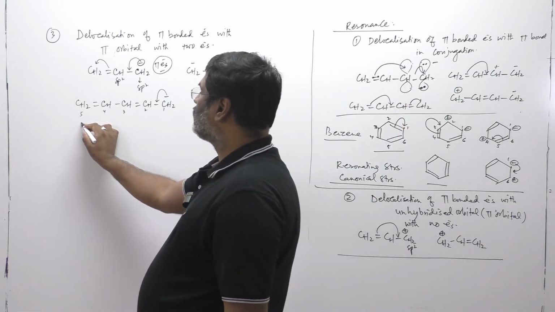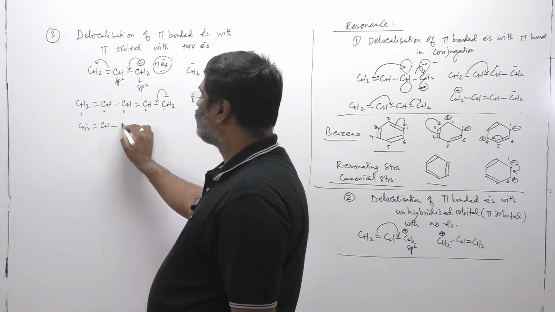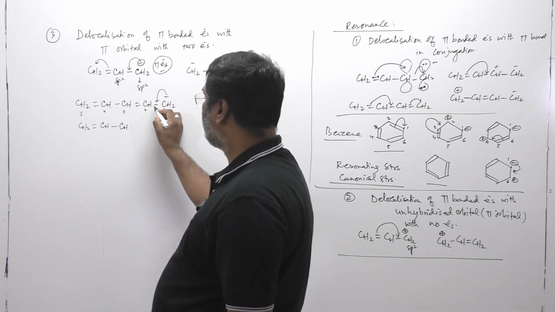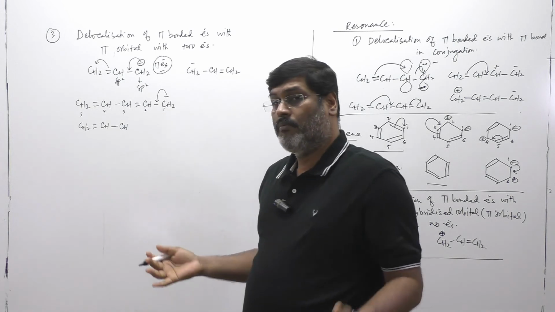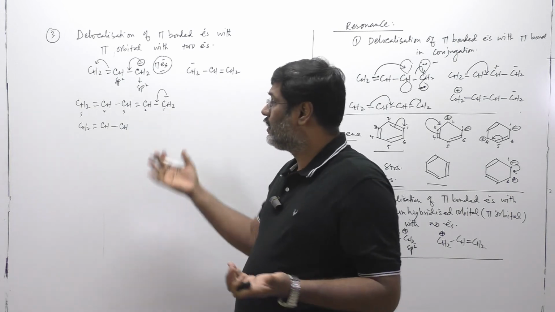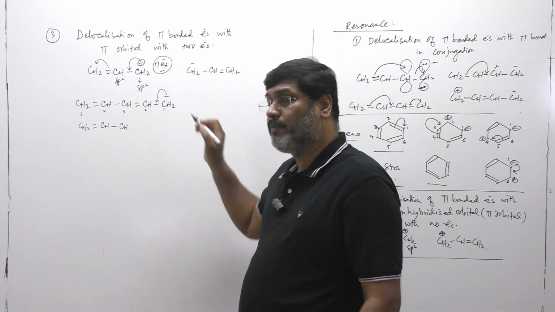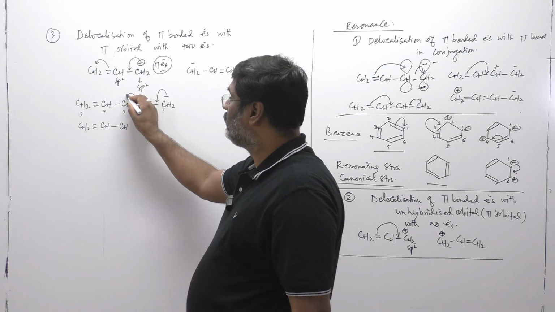You will write here the CH2 double bond CH without any change, and as this is coming here, pi bond will be there in between 1 and 2. But how is that possible in this present condition? Because then this carbon will be having pi bonds. So this carbon is losing this one.